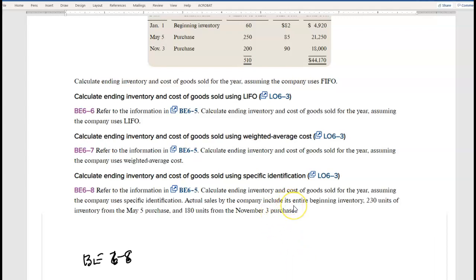Actual sales by the company include its entire beginning inventory, which is 60.